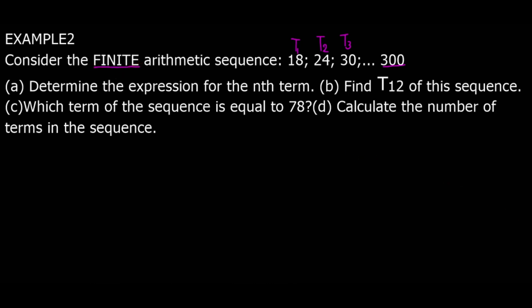So now our answer number A. Determine the expression for the nth term. This is our nth term formula, the arithmetic one. Our a is term number 1, which is 18.